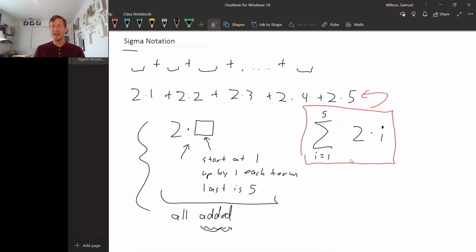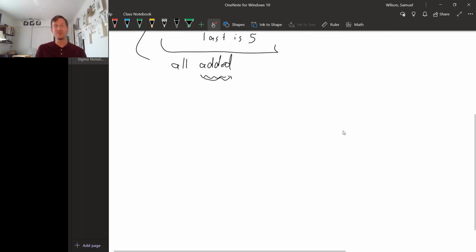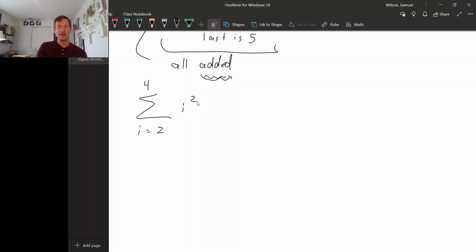To make sure we understand how this works, let's look at an example where I'll write out the sigma, and we'll write out all the terms of the sum together. So here's another expression with a sigma: the sum from i equals 2 to 4 of i squared. What is this?